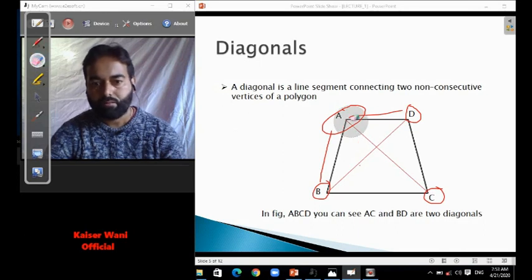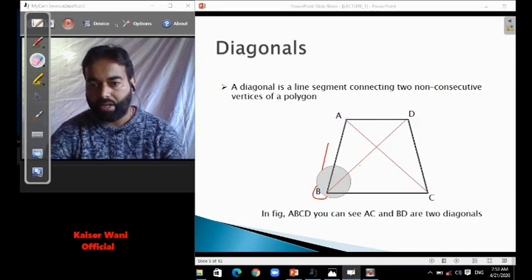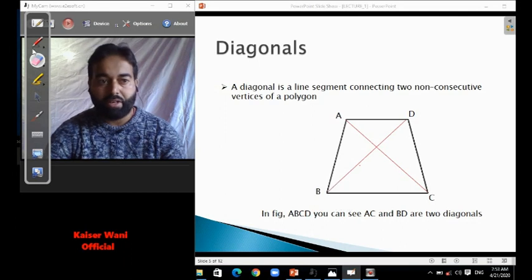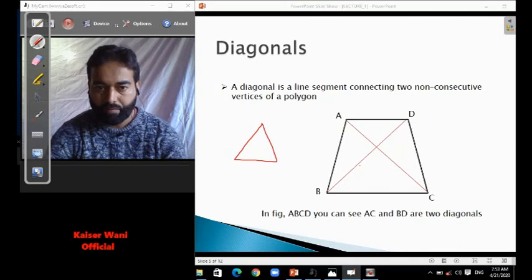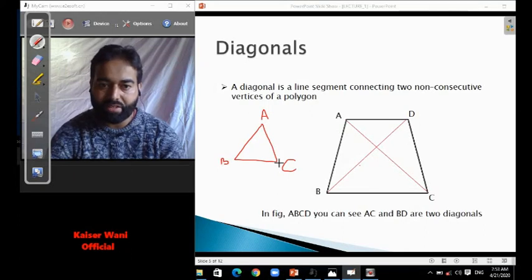Okay. So if we talk about the triangle, can we draw a diagonal for a triangle? Let me draw a triangle here. If it is a triangle, this is vertex A, vertex B, and vertex C. Here, A is directly connected to B and C. A has no non-adjacent vertex.